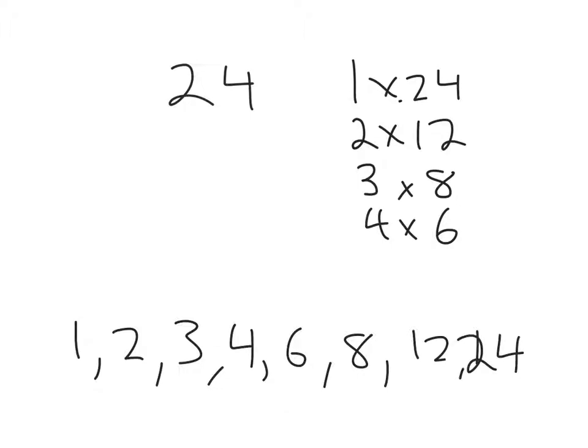And so we're going to connect those. That way we can see that they all are connecting here. 1 and 24, 2 and 12, 3 and 8, 4 and 6. So we call this our factor rainbow.